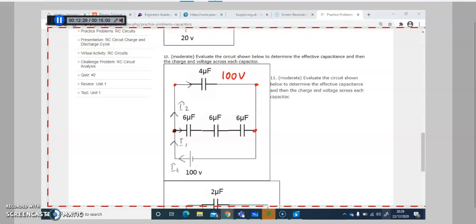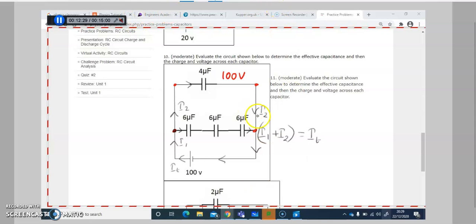When it comes back, here it comes as I2 and here as I1. At this junction I1 and I2 meet together, which is equal to I total, and that comes back into the negative terminal of the battery. So this is just for explanation.